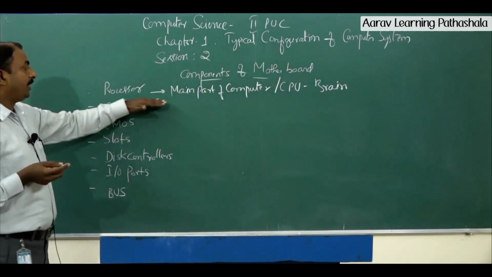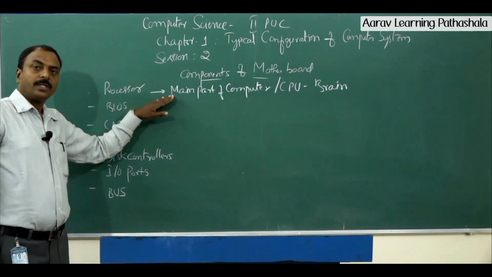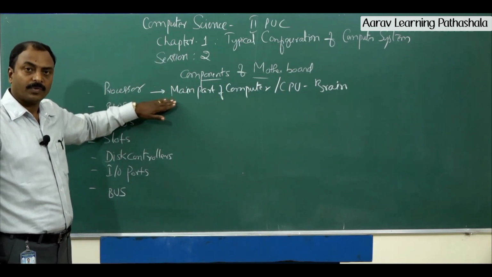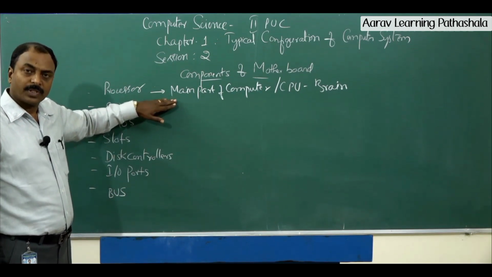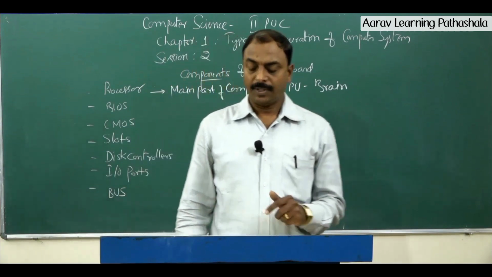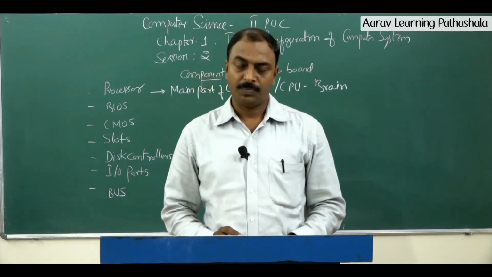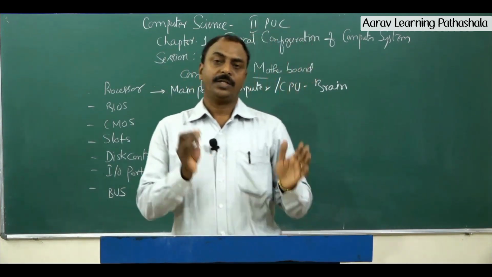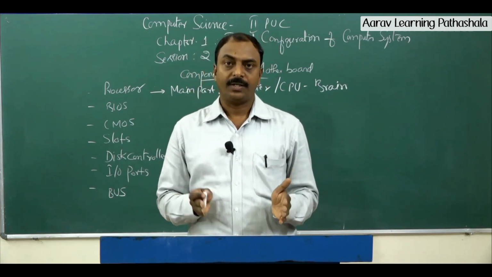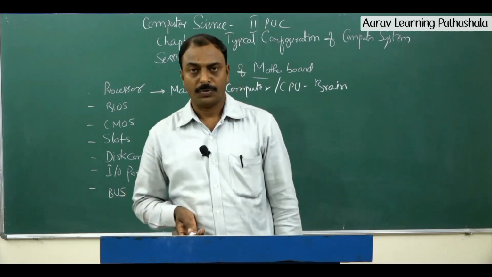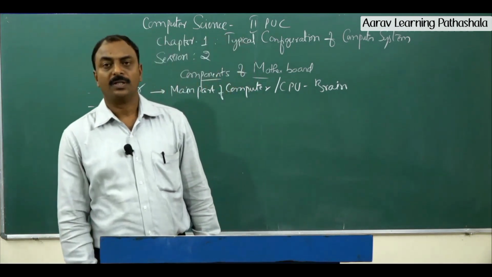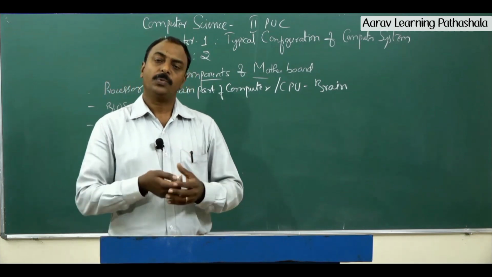So yesterday we discussed how a computer works with the help of the block diagram of computer. First it takes the data from the input device, then all the data and instructions go to the memory unit, and from the memory unit they are passed on to the ALU, or arithmetic logic unit, for processing.